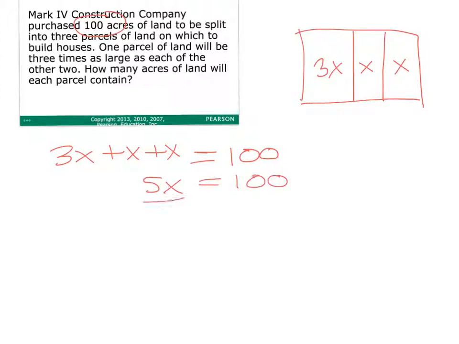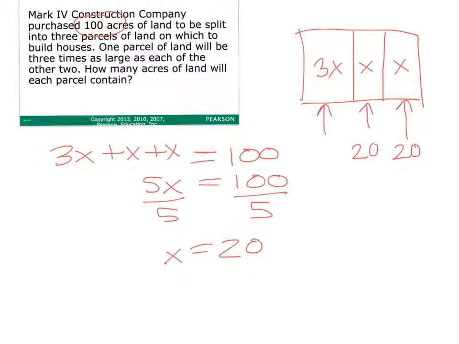If we divide each side of the equation by 5, we will find our value of x to be 20. So that means your little parcels are each 20 acres big, and your big parcel is 3 times that amount. Your large parcel is 60 acres. And if you want to double check, if you add them together, they would add to make 100.